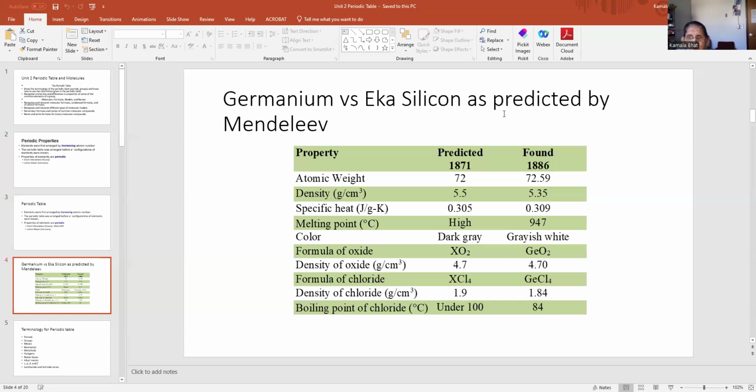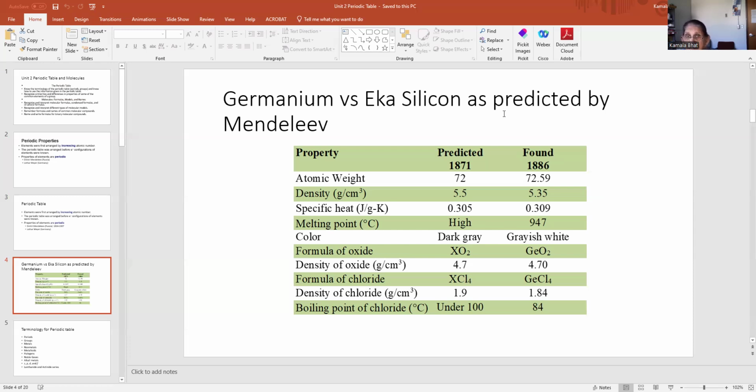The density of this particular element would be 5.5, specific heat would be 0.305, melting point was high, the color was dark gray, the formula of the oxide would be XO2, density of the oxide was 4.7, the formula of the chloride was XCl4, the density of the chloride would be 1.9, and the boiling point of the chloride would be under 100.